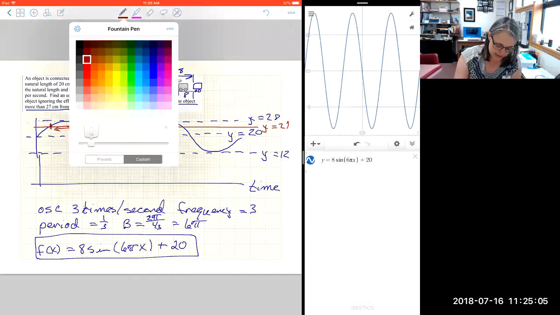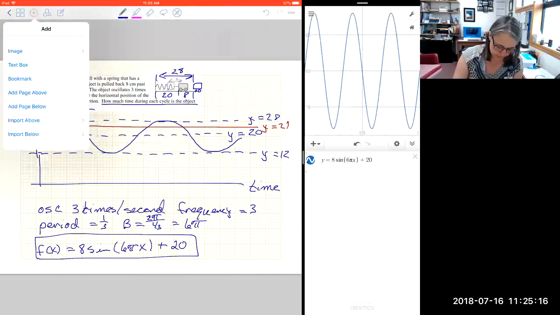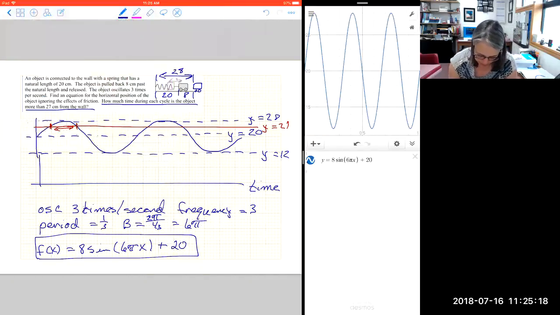So what I'm really saying is, find the first 2 positive solutions to the equation 27 equals 8 times the sine of 6 pi x plus 20.